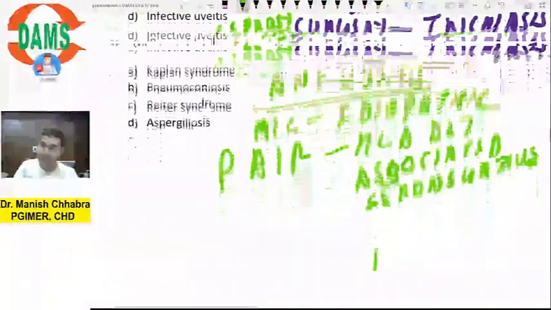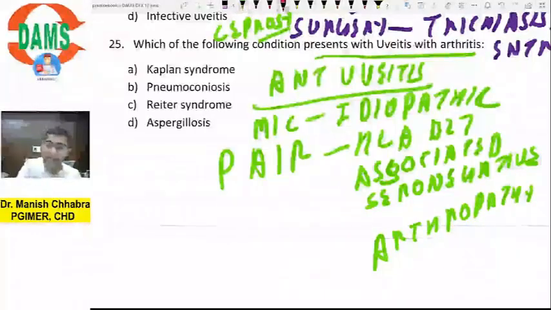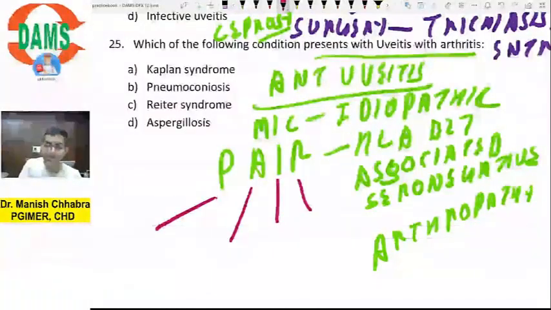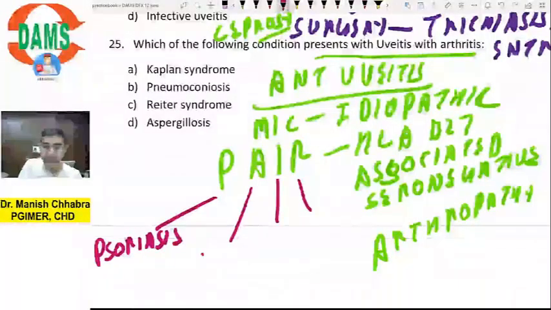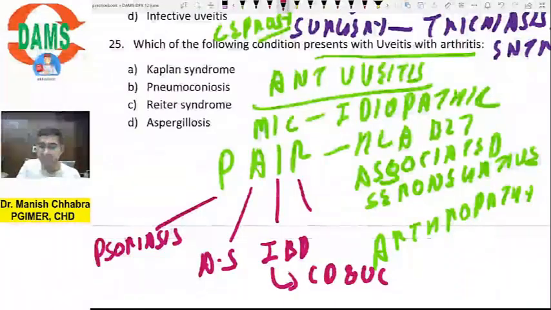These HLA-B27 seronegative arthropathies are psoriasis, A for ankylosing spondylitis, I for inflammatory bowel disease. You already know there is Crohn's disease and ulcerative colitis. R for Reiter's disease.